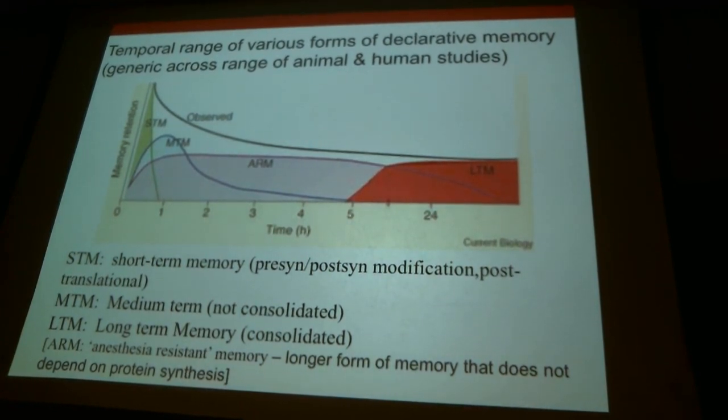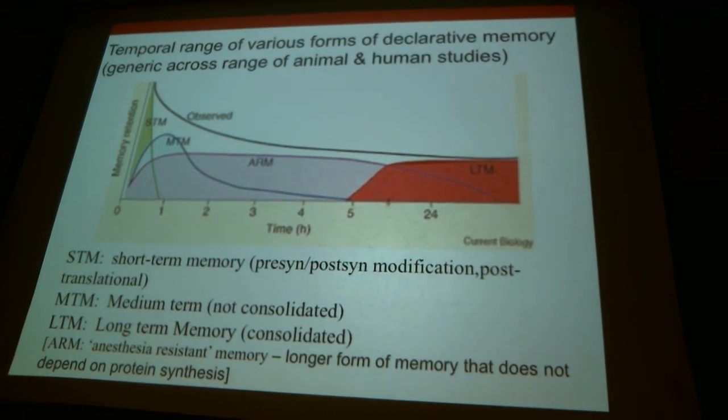But then we also are aware that we have different time frames for memories, right? If you think back to our plasticity lecture, we talked about plasticity that happens at different levels. You have an initial form of plasticity that doesn't rely on transcription, and then the long-term forms of LTP rely on gene transcription and protein synthesis.